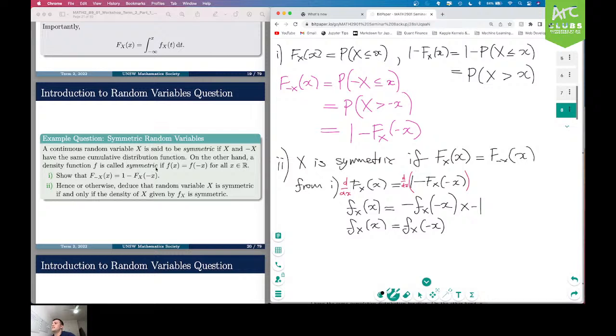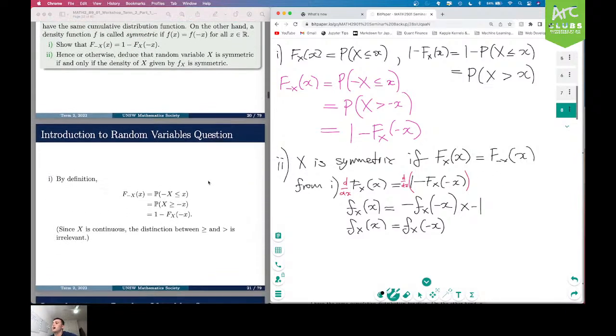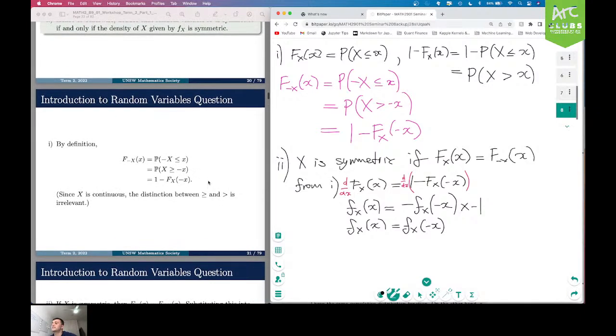Now, the converse also applies, because you could integrate both sides here, and you get back to just as if there was no d/dx operator there. Now you'll be out by a plus c, but that plus c will always be 0 because if it's not 0, we risk pushing our cumulative distribution function outside of the interval 0, 1.